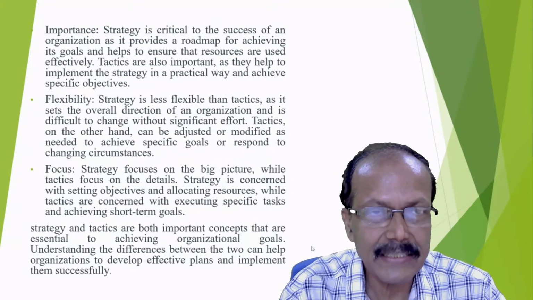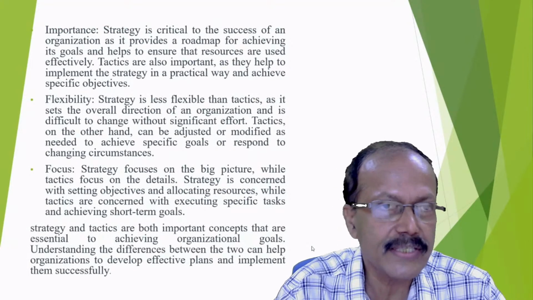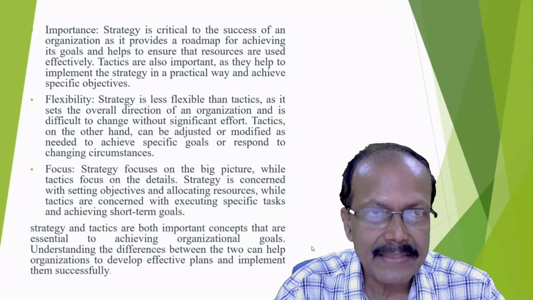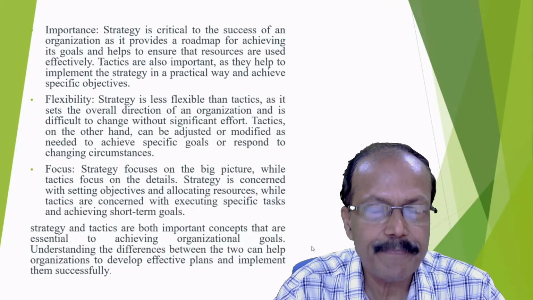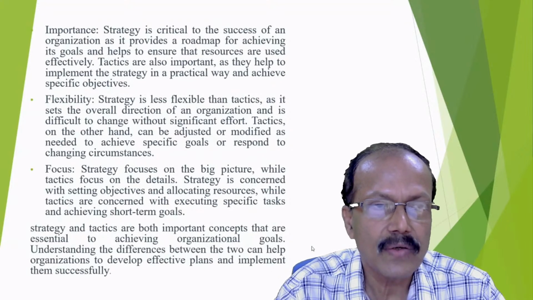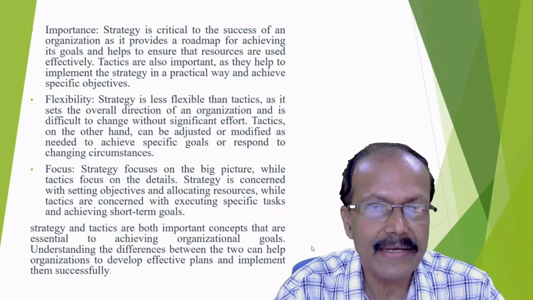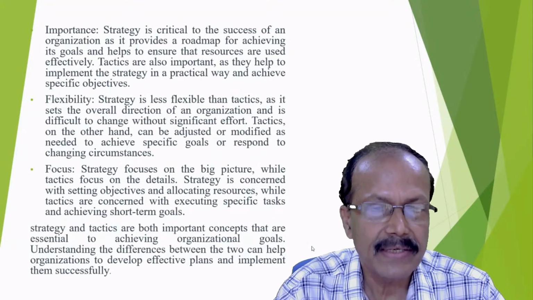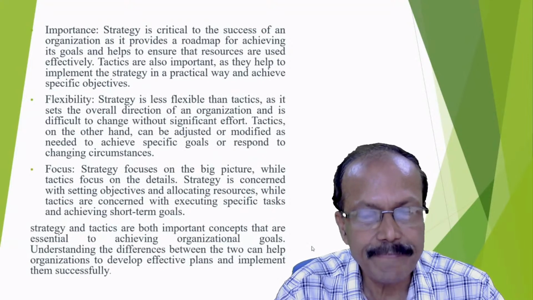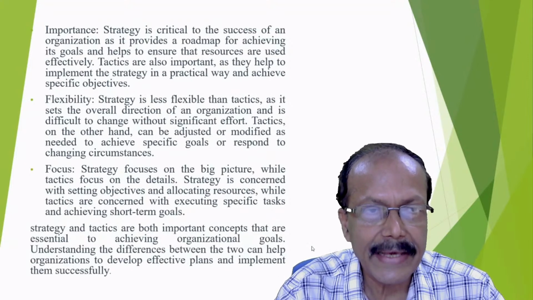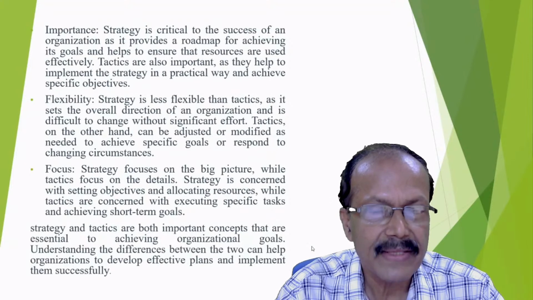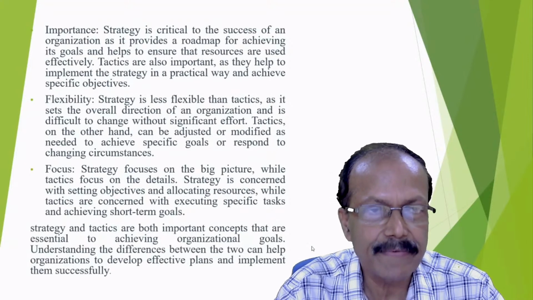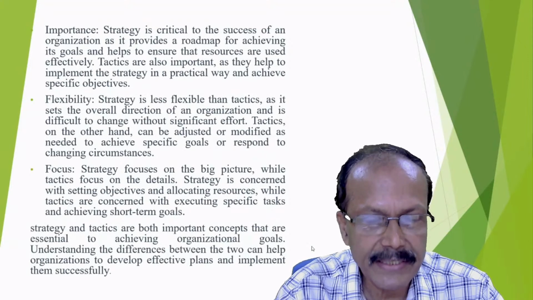The importance of strategy, if you see, is that it is critical to the success of an organization as it provides a roadmap for achieving the set goals and helps to ensure that the resources are being used effectively by the organization. But tactics are also important as they help to implement the strategy in a practical way and achieve the specific objectives.